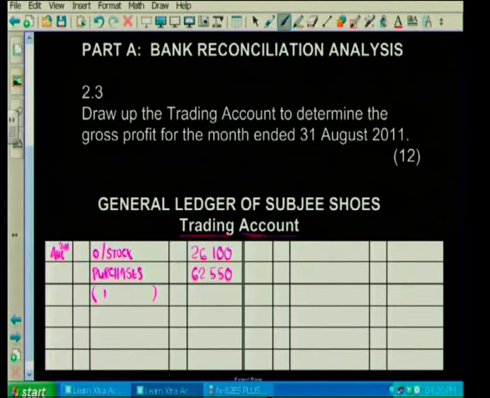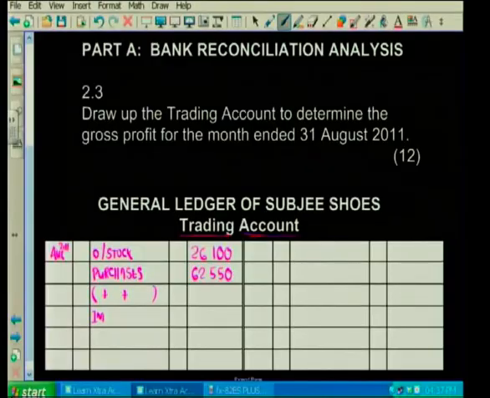That's the value of my purchases. Notice what you could have done. You could have shown that calculation as a separate calculation here and indicated those three figures in brackets. So when it comes to calculations and you need to show your calculations, a good method is to use this bracket to calculate the 62,550 by putting in the three components of purchases.